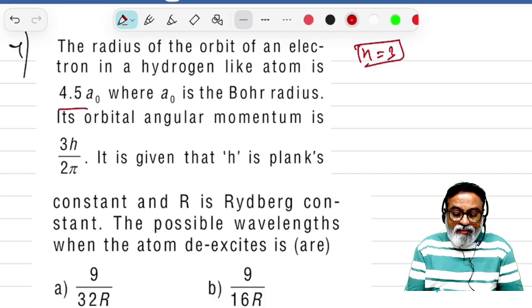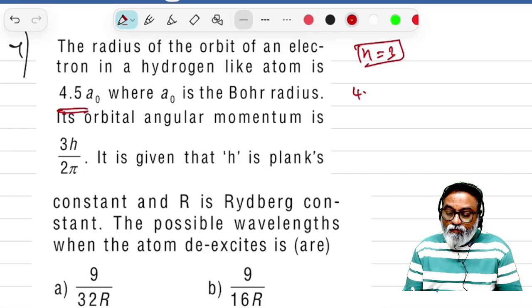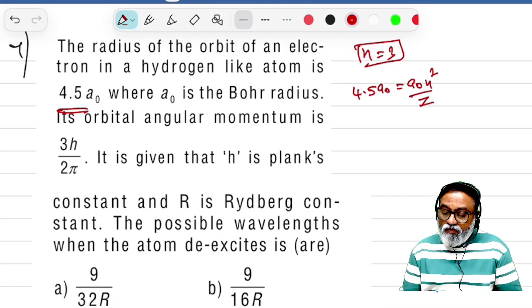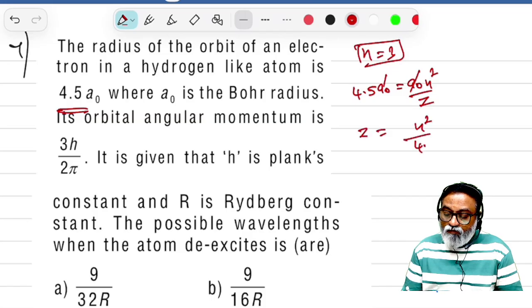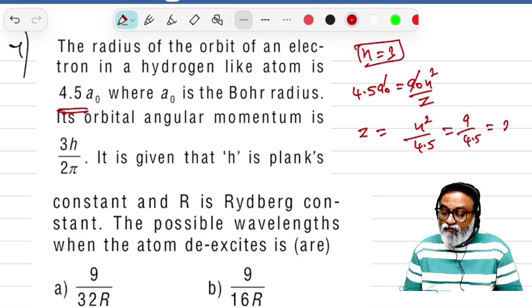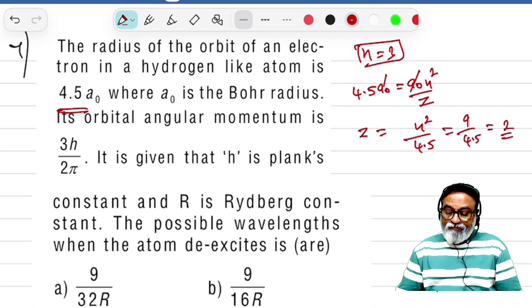And the radius of the orbit, that is 4.5 a0, is equal to a0 into n square by Z. Therefore, a0 cancels, Z is equal to n square by 4.5, but n is 3, so 3 square, 9 by 4.5. Therefore, Z is equal to 2.